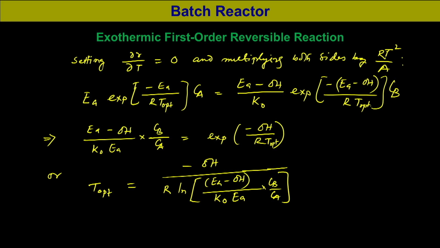That means Cb at the beginning is 0, and so this term is negative ln term in the denominator. So, at the beginning the upper term is positive because delta H is negative. So, the numerator over here at the start of the reaction, this T optimum is negative, which is not physically meaningful.